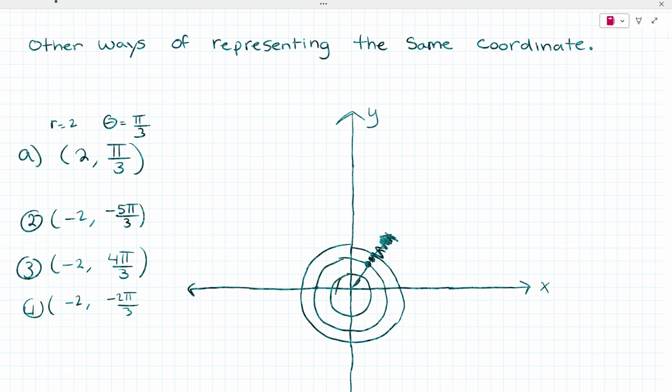That's like negative 120. So if you go negative 2 rings to the left, 1, 2, and then go negative 120, yeah, that would give you the same position, right?